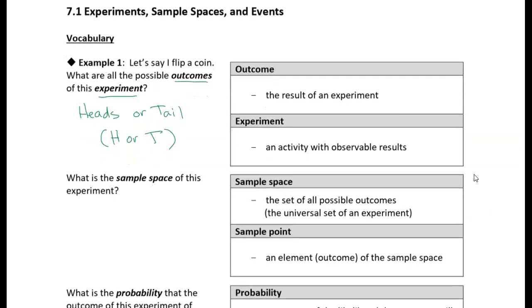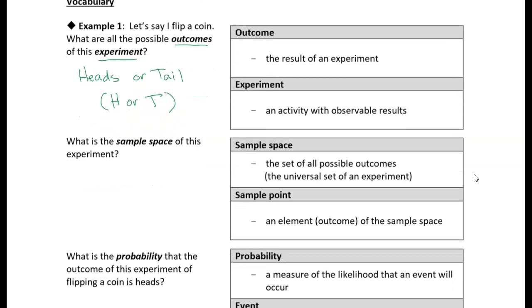All right. Next question. What is the sample space of this experiment? Okay, what is a sample space? First of all, the sample space is the set of all possible outcomes. Okay, it's the universal set for the experiment. So all the possible outcomes. All right, so what are all the possible outcomes for this experiment? We're going to write it as a set.